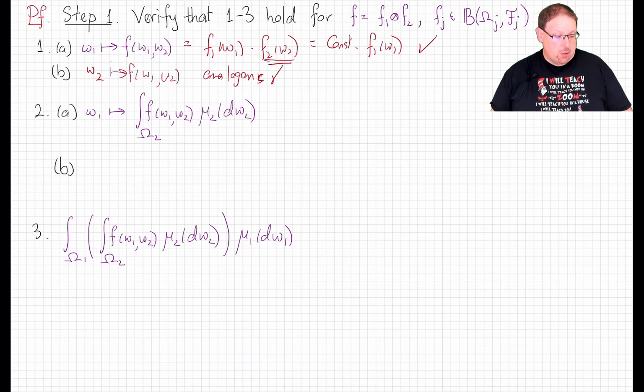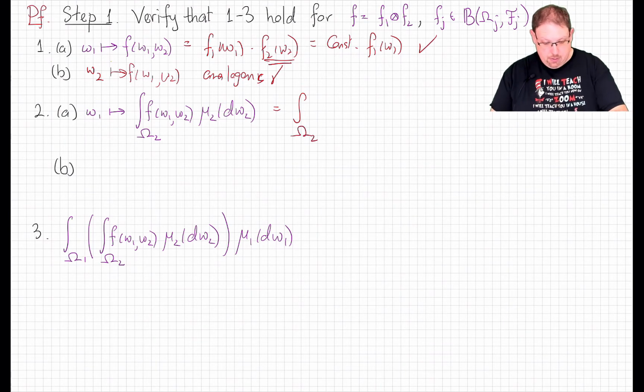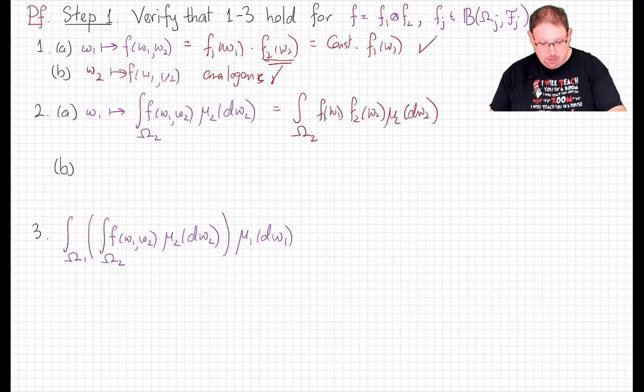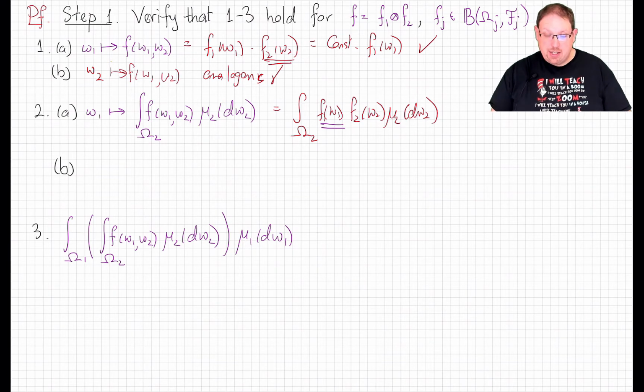Now, what about doing the integral with respect to one of the variables? So let's just compute it in this case. So here we're going to integrate out omega 2 first. So that's f1 of omega 1 times f2 of omega 2, mu2 d omega 2. And again, with respect to this integral, f1 of omega 1 is just a real valued constant.